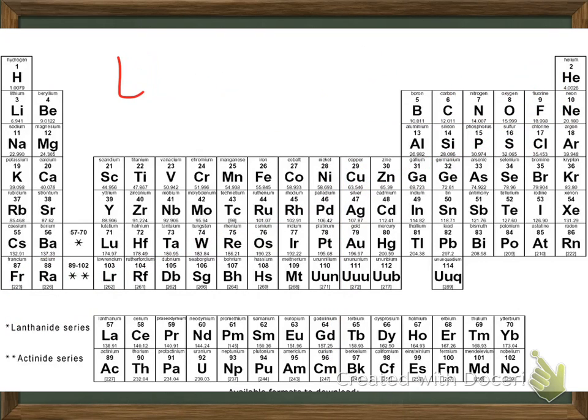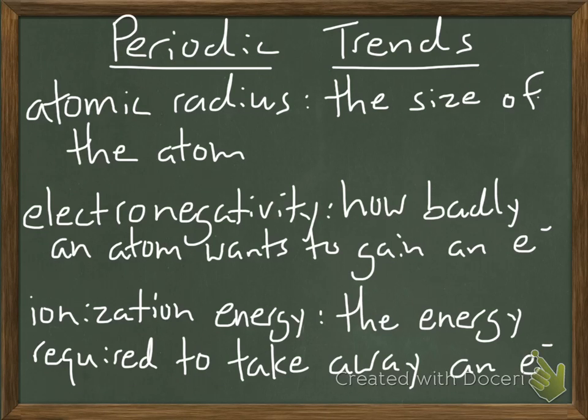All right, let's go to our third and final one. That would be ionization energy. Remember what an ion is. An ion is an atom that has lost or gained an electron. The ionization energy is the energy required to take away an electron.